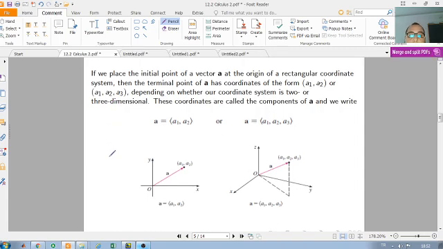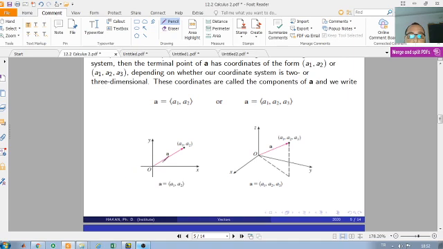If we are in the two-dimensional coordinate system, the number of components of a vector will be 2. If we are in the three-dimensional, the number of components of the vector will be 3.